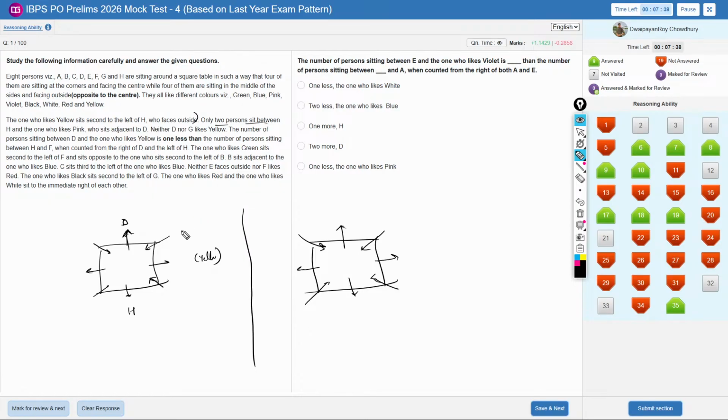Now, in order for pink to be here, another scenario is pink here, D here. The number of persons sitting between D and YOLO is one less than between H and F, when counted from right of D and left of H.